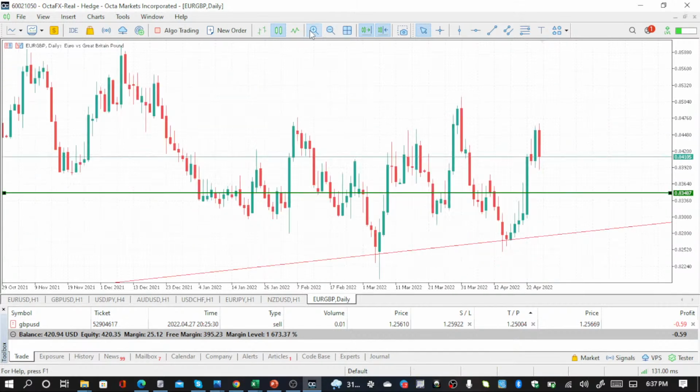When you look closely, you see a breakout candle here, and then you see how the market is trying to create some bullish momentum at this level.